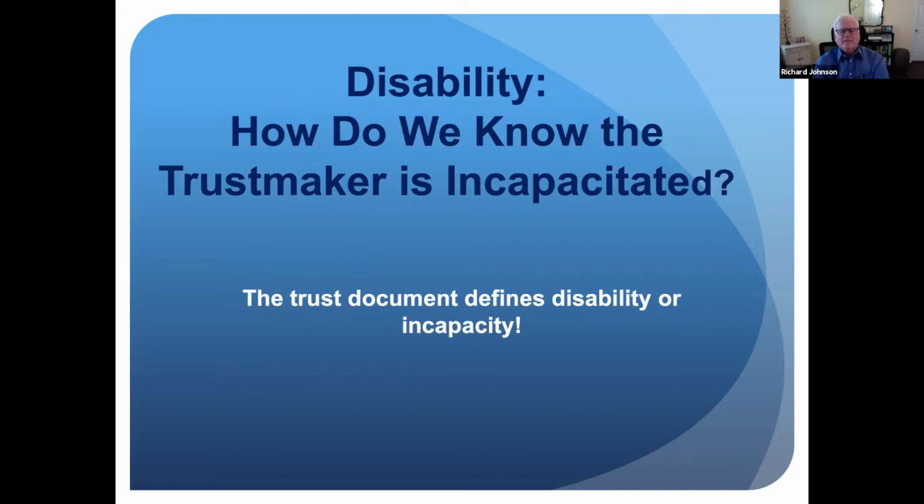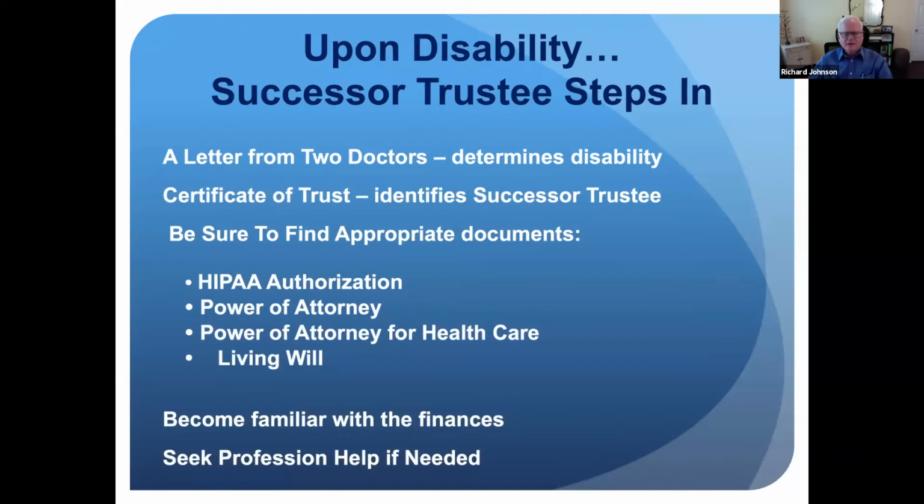So if a successor trustee is going to take over in the case of disability or incapacity, how do we know that the trust maker is incapacitated? Well, usually the trust document itself is going to define what disability is. And usually one of our trusts is going to have a definition that says essentially that if you get a letter from two doctors that says that this person is unable to take care of their business or financial affairs, then they're disabled or they're incapacitated.